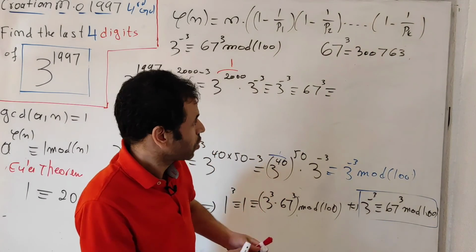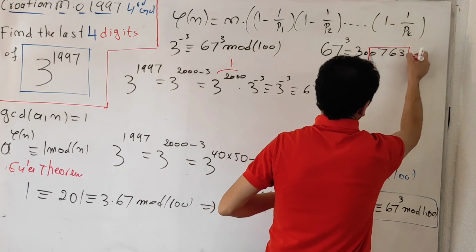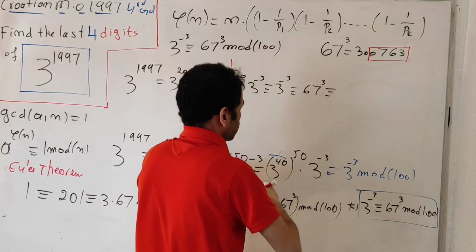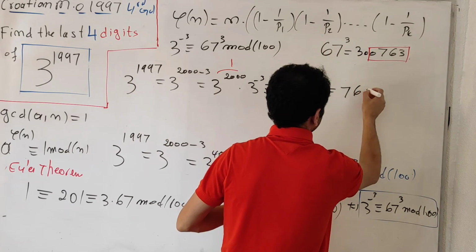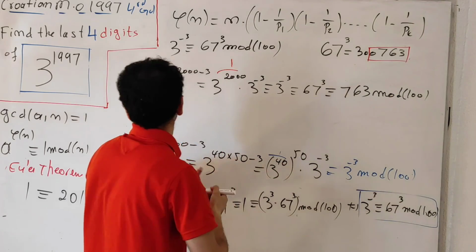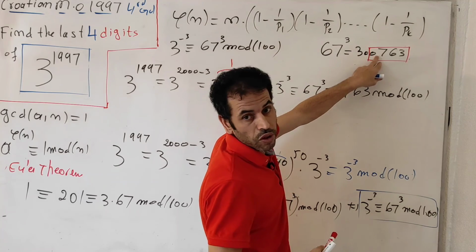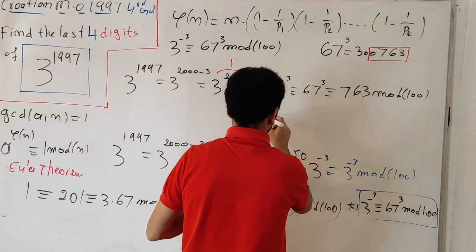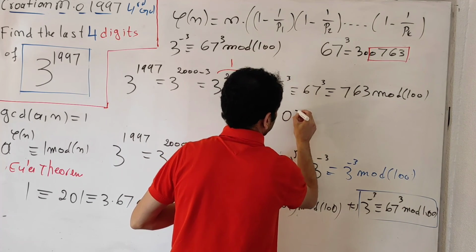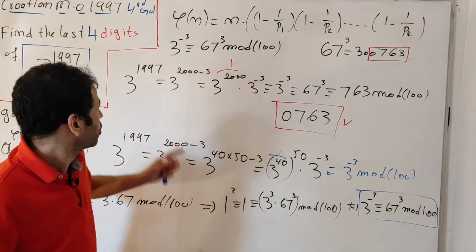But I need the 4 last digits, so I'm going to include a 0 in front. So I will have the 4 last digits, which is 0763. So we found the 4 last digits of this number.